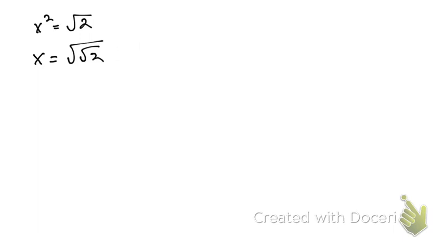Let's talk about what's happening here. All right, square root of 2 we can rewrite as 2 to the 1/2. That is the same thing. A fractional power means you're taking a square root or a cube root or a 4th root, 5th root, whatever you would have.